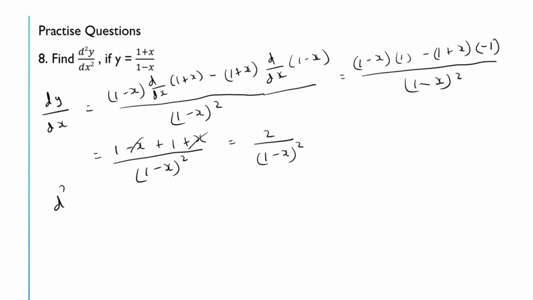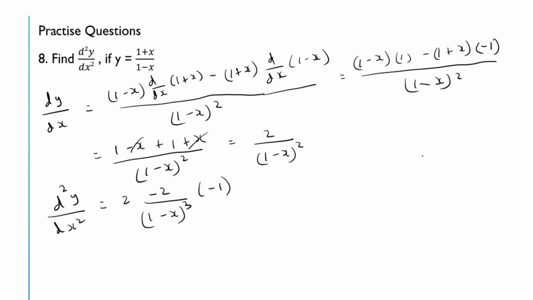Now d square y by dx square is equal to 2 into d by dx of 1 by (1 minus x) the whole square. So it is nothing but minus 2 by (1 minus x) the whole cube into minus 1. Since here it is minus x, we have to multiply it with minus 1.